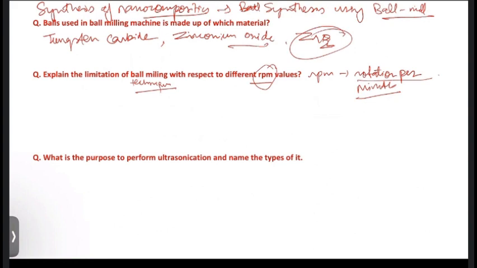Suppose, let's understand it very well. This is a cylindrical tube of the ball mill machine. Here we have two rollers. Suppose the ball mill is moving in this direction. If the roller is moving in this direction, then the ball will move in this direction.